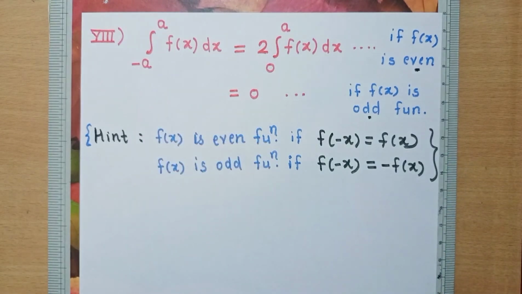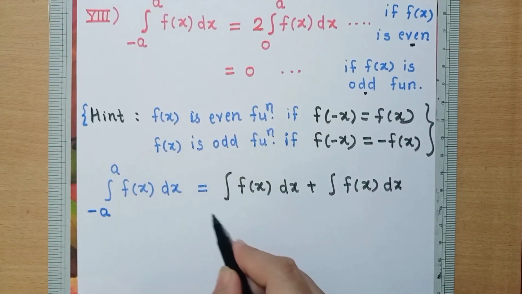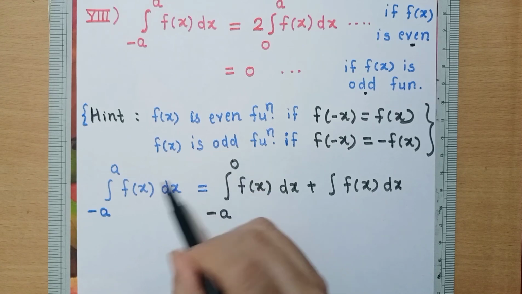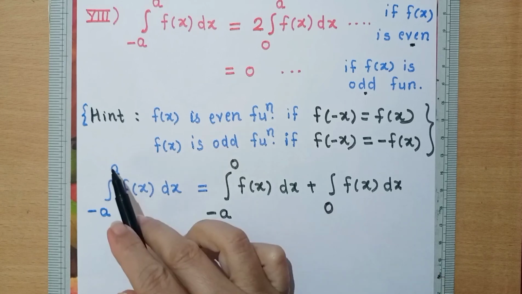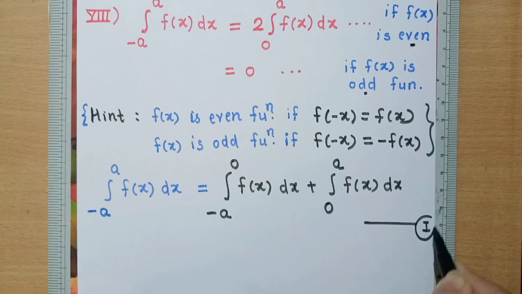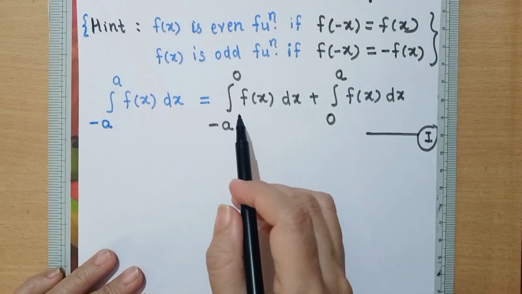We will start from the LHS. So we will split this minus a to a as minus a to 0, we are taking this 0 number lying between these, and again from 0 to upper limit a. Say this is equation number 1, and again here we will start from the first integration.